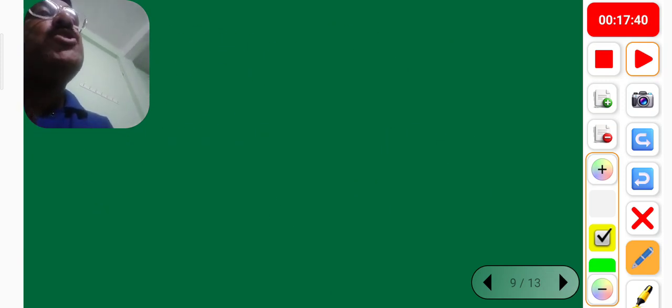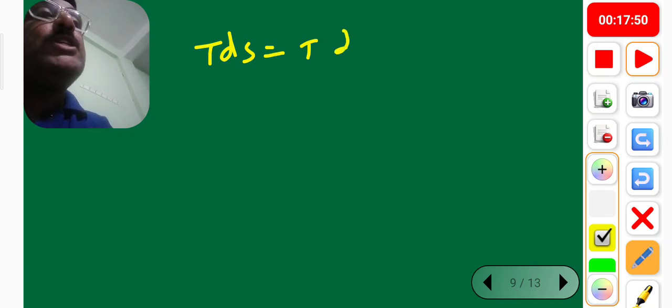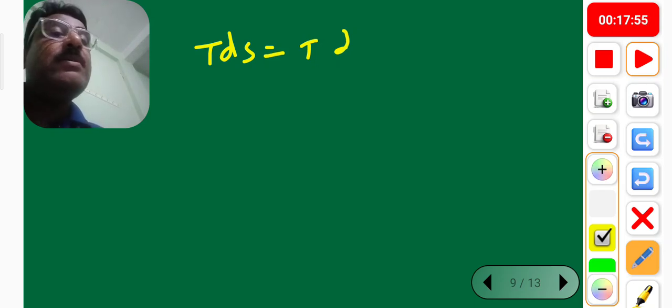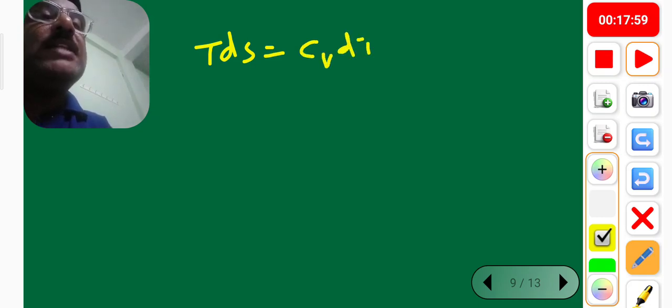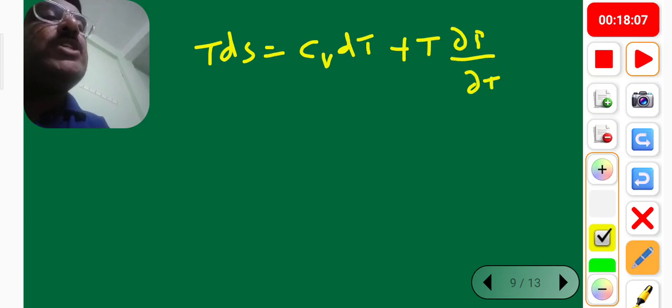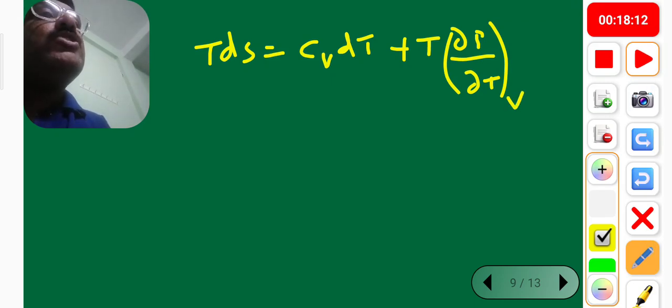So when I substitute, I can rewrite this as TdS is equal to Cv dT plus T (∂P/∂T) at constant volume into dV.